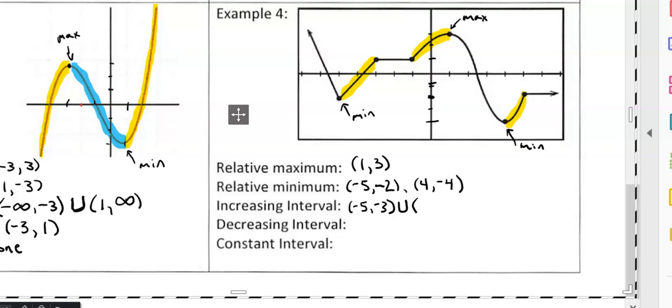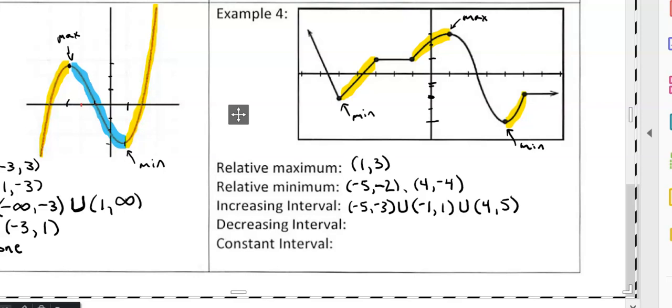Union. -1 to 1 union, and then this is 1, 2, 3, 4, from 4 to 5. So from 4 to 5 parentheses there. And those are the increasing intervals.